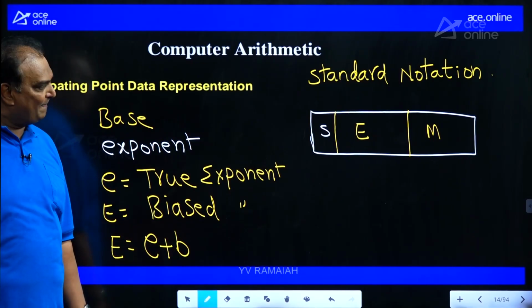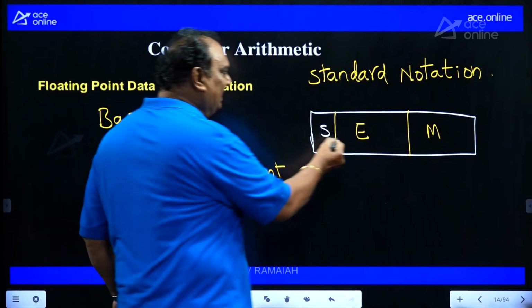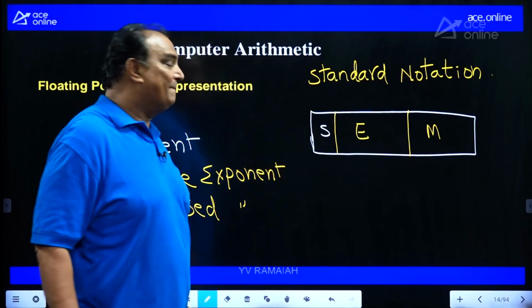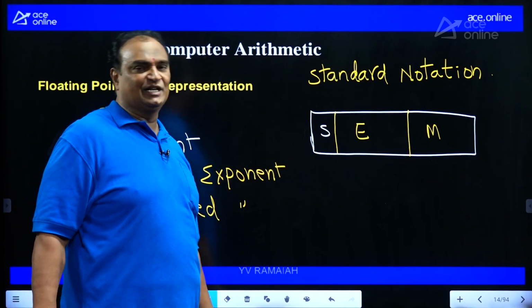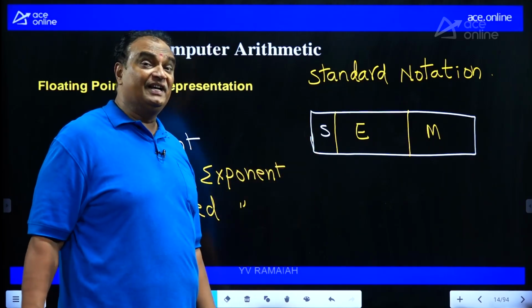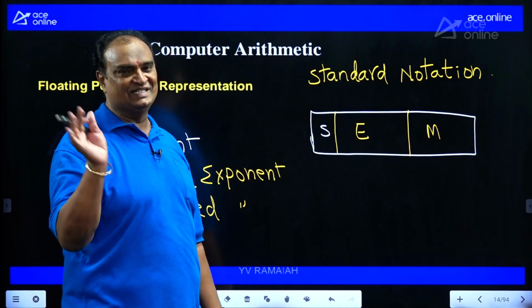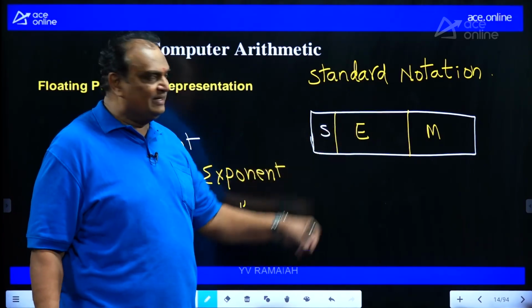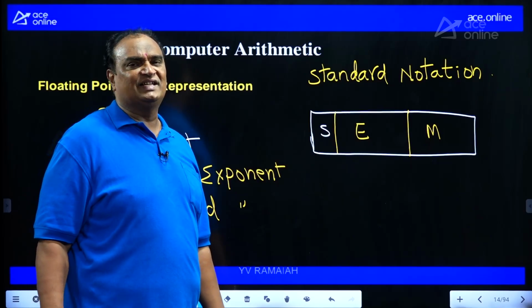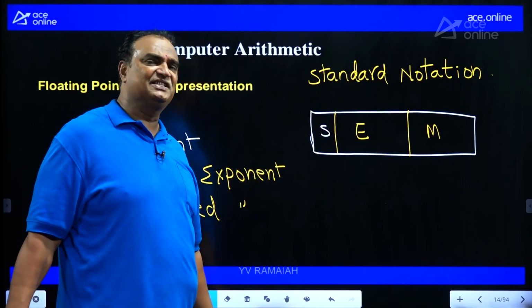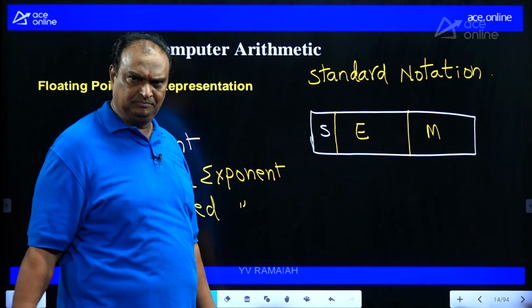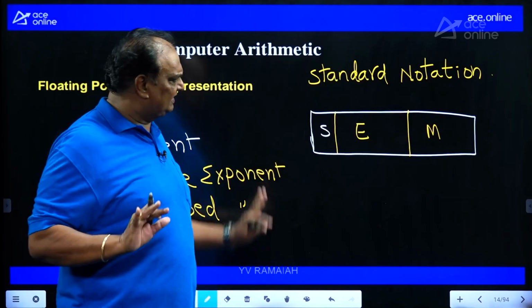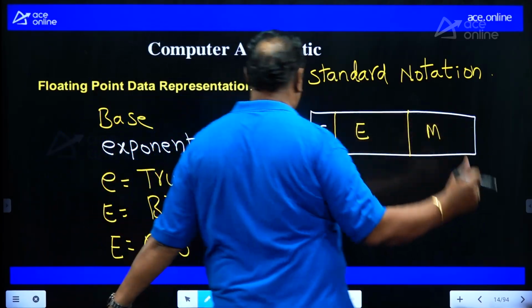In this, the middle field is used to represent the biased exponent, meaning it is an unsigned exponent. When the exponent is expressed in unsigned form, no sign symbol is needed. And M means mantissa. Generally, mantissa is represented in signed magnitude notation for easy conversion. It is the standard procedure.